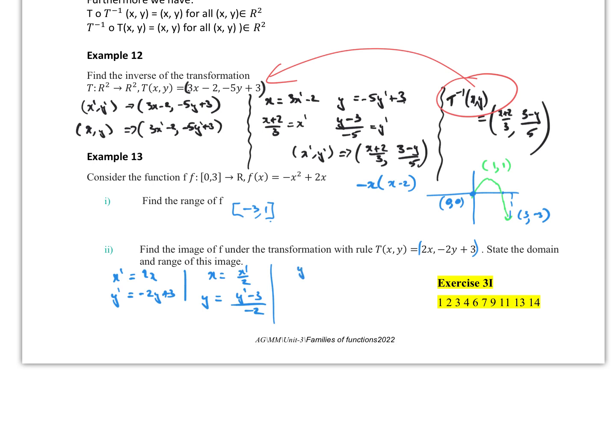I'll get (y' minus 3) over -2 is equal to negative of (x squared) plus 2 times x on 2.